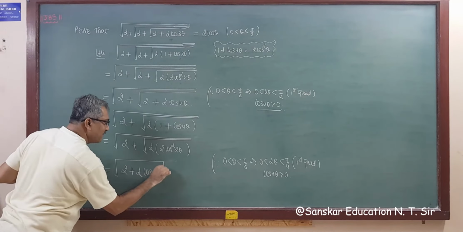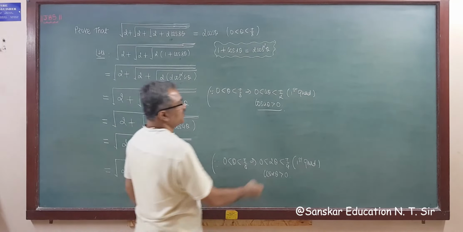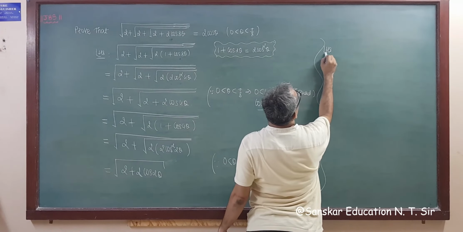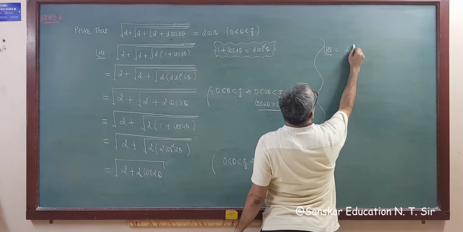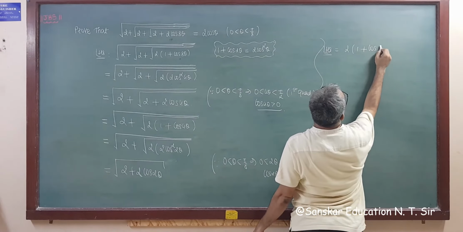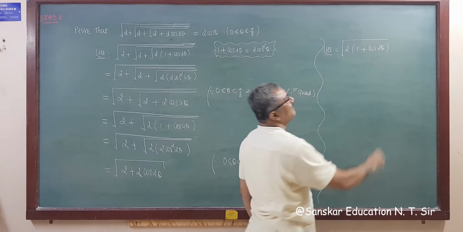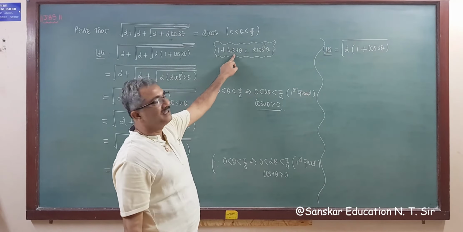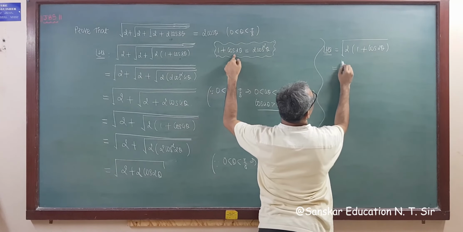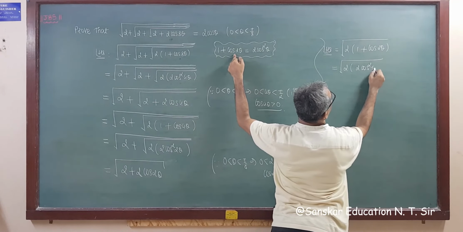Once again repeating this step, that is taking 2 common. So I am writing here, left hand side will be 2 common, then 1 plus cos 2 theta, and this is in square root. Again 1 plus cos 2 theta is the standard formula, 2 cos square theta. So this is square root of 2 into 2 cos square theta.